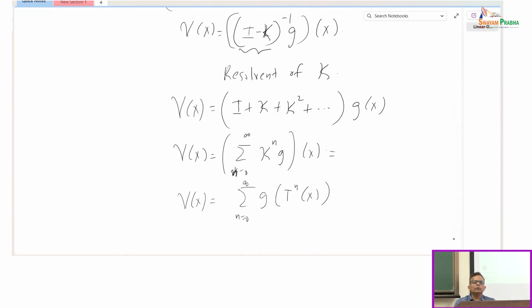So this is how you can write the Lyapunov function in terms of the Koopman operator, or the resolvent of the Koopman operator.